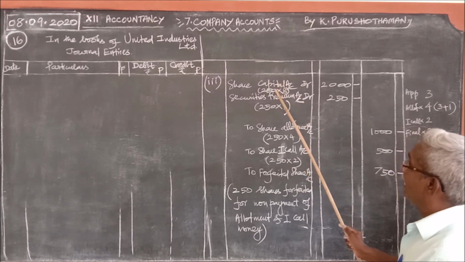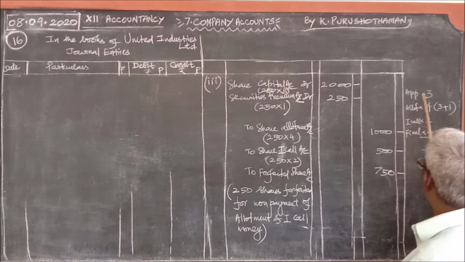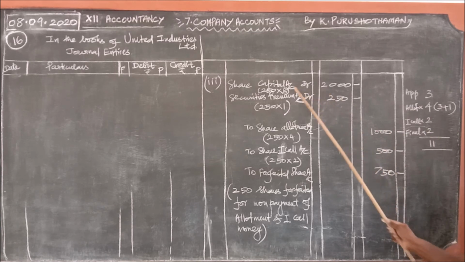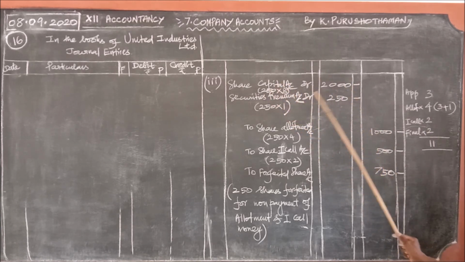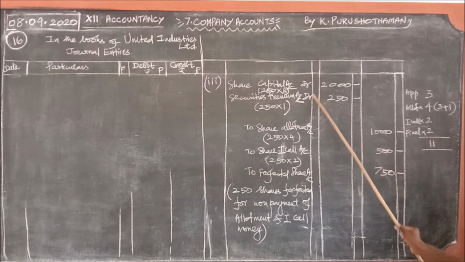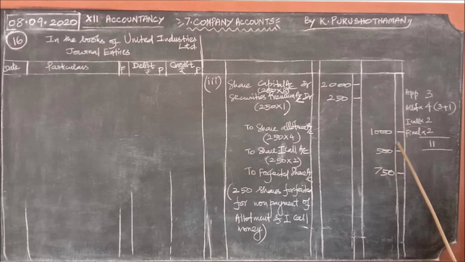Therefore the share capital account will be the amount of the 3 stages: application 3, allotment 3, first call 2, that is 8 into 250. Here the debit is 2250, and the credit only 1500. Here the balancing amount is 750.